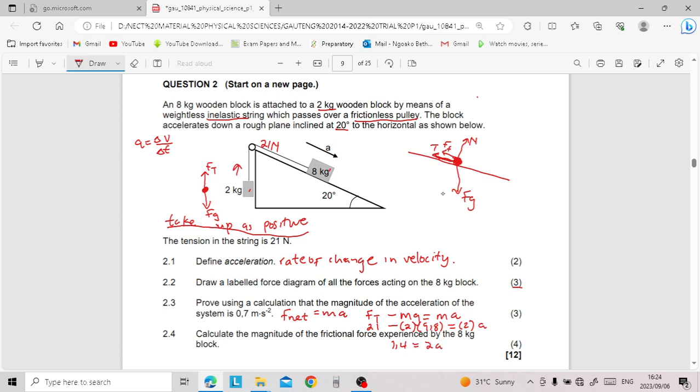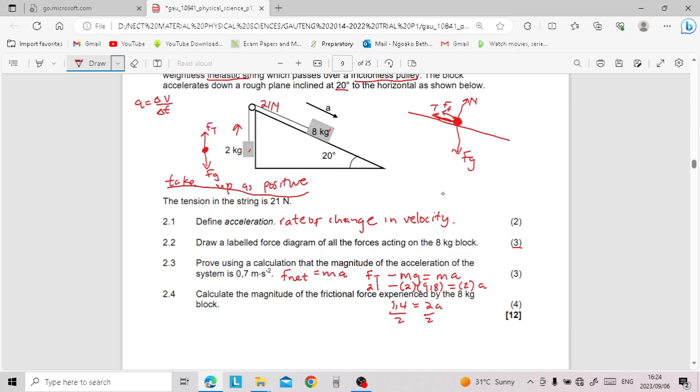So divide both sides by 2. So 0.7 meters per second squared equals a. I mean, the acceleration like this one.